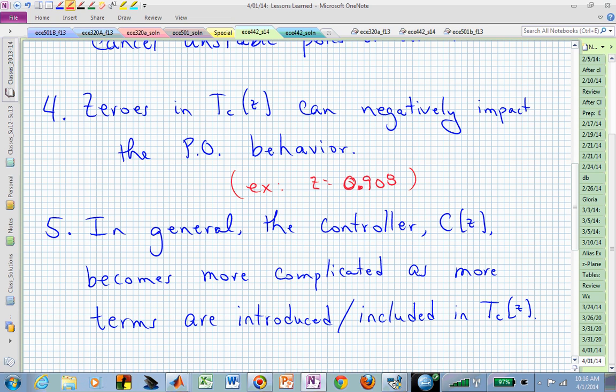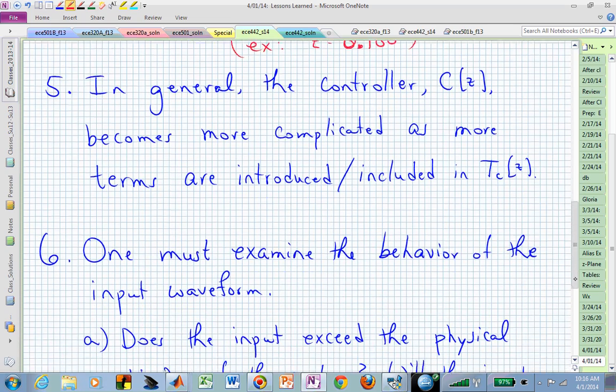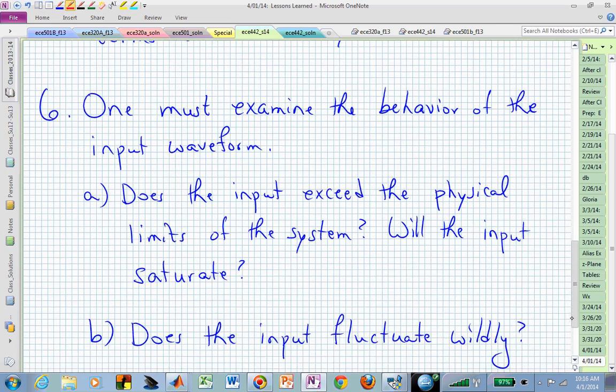Now, if we wanted to try to eliminate that pole in our controller at minus 0.9934, we could have included that as a term in our direct design formula for T sub C of z, but that's going to make C of z more complicated, and because of that, maybe we want to look at other design approaches before continuing to modify T sub C of z.